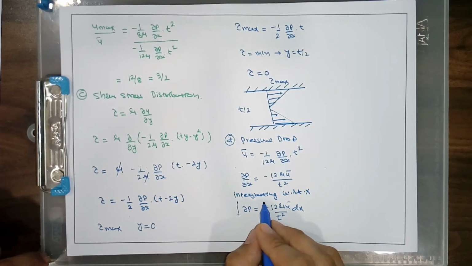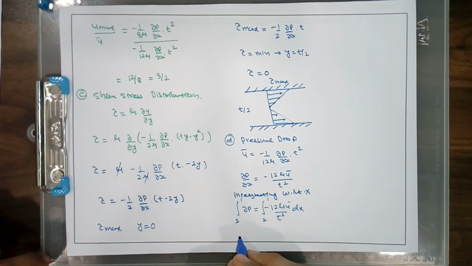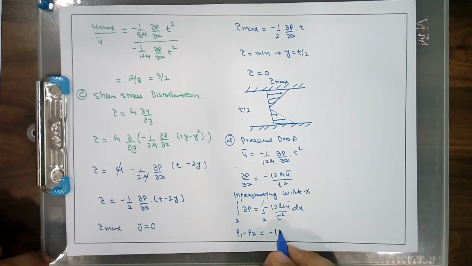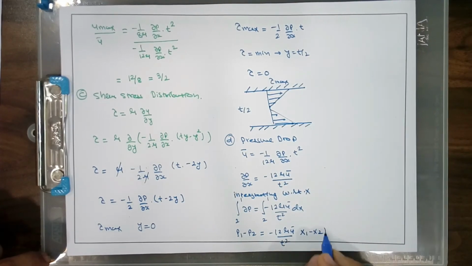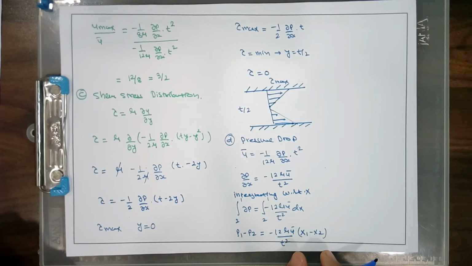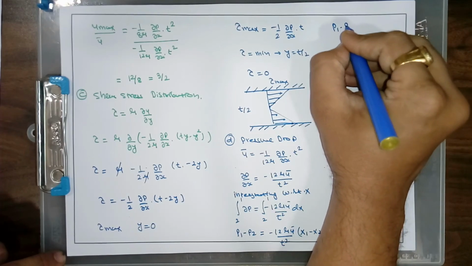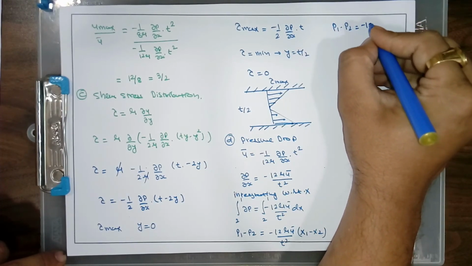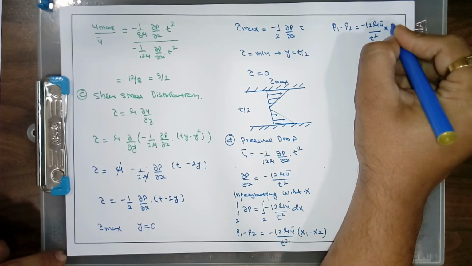By integration between limits 2 and 1, we get P1 − P2 equals -12 μ u-bar upon t², which is constant. So the integration of dx becomes x, and by putting in the limits we get x1 − x2, and we know that x1 − x2 is L. So our expression for P1 − P2 is -12 μ u-bar upon t² into (x2 − x1), which is L.